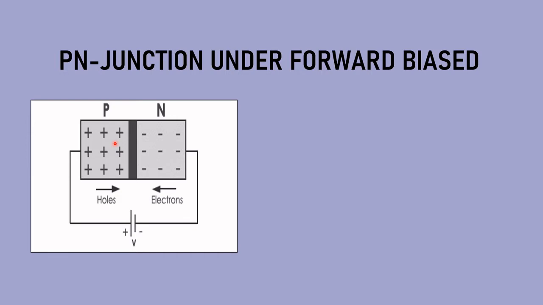So the majority carrier holes and the majority carrier electrons in the p side and n side respectively, in the boundary region, recombine with the ions and reduce the width of the depletion region.